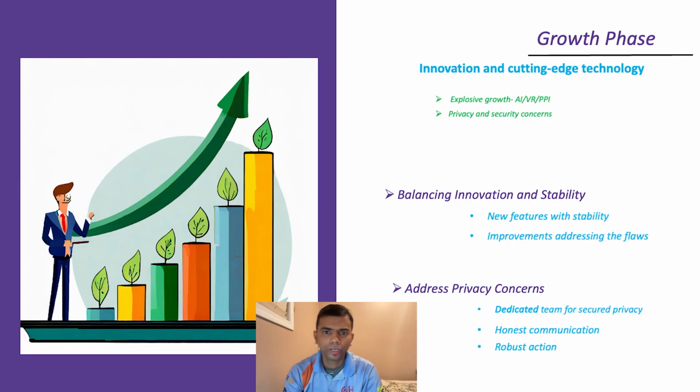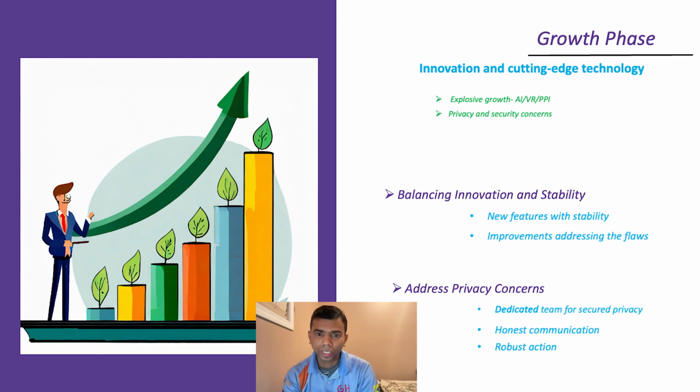The next phase was the growth phase. During this phase, we focused a lot on innovation, using the latest cutting edge technology at that point of time. Because of this, we saw explosive growth driven by artificial intelligence. We used virtual reality, and also ran extensive paid partnerships with various influencers promoting our products.